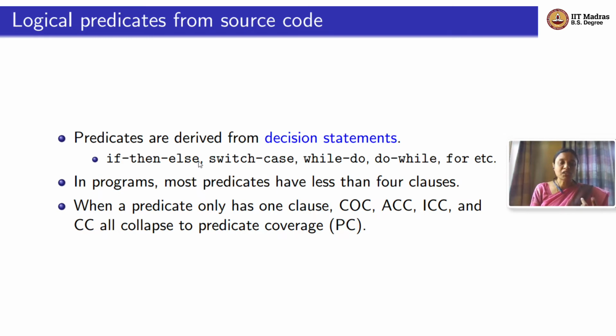The entire predicate is just one clause, in which case, almost all that we learned in terms of clause coverage, active clause coverage, the three subsets, inactive clause coverage, all that becomes one and the same as predicate coverage. Things begin to look interesting if a predicate has a logical operator and two or more clauses connected by the logical operator.